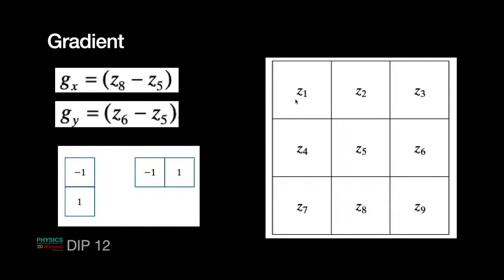When I complete the convolution, remember, we have already seen, it is the sum of products. So I take the product of this with this, the product of this with this, and I sum. When I take the sum, I will get z4 minus z1.